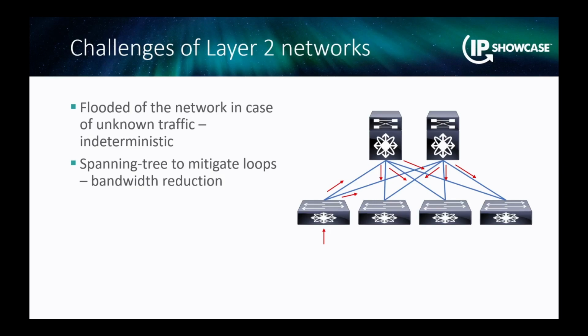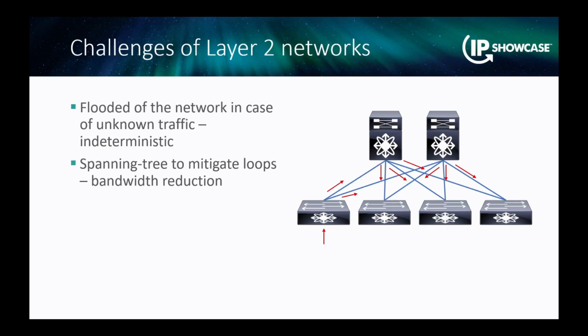On layer 2, you use a protocol which is called spanning tree, which mitigates loops. How does spanning tree mitigate loops? Basically by observing the loop and suspending one link in that loop. Let's say that you have a triangle, you will suspend one side of the triangle so that a packet cannot create a loop.